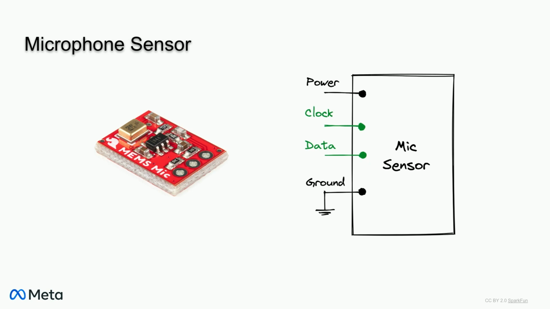The microphone typically has a very simple pinout that includes 4 wires: power, clock, data, and ground. PDM microphones use the input clock signal to modulate sound, which is then transmitted out the data line.